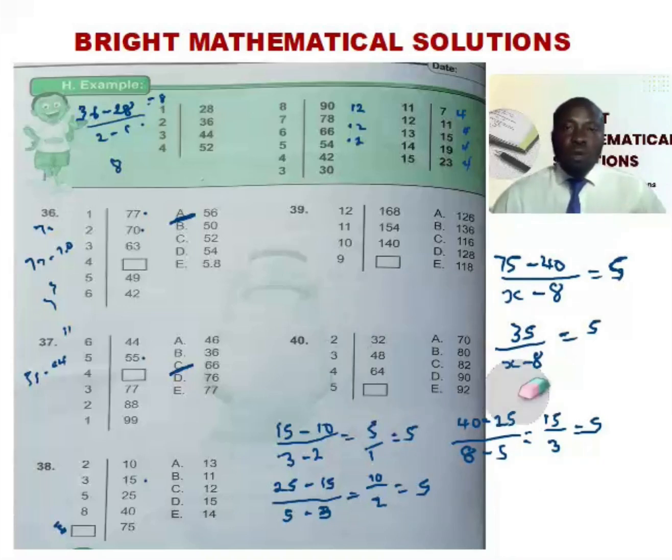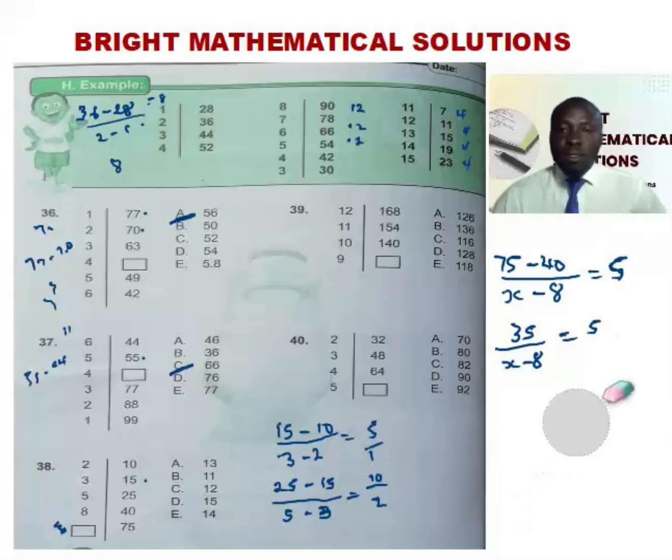So if we cross multiply, this is 5 into bracket x minus 8 equals 35. So 5x minus 40 equals 35.